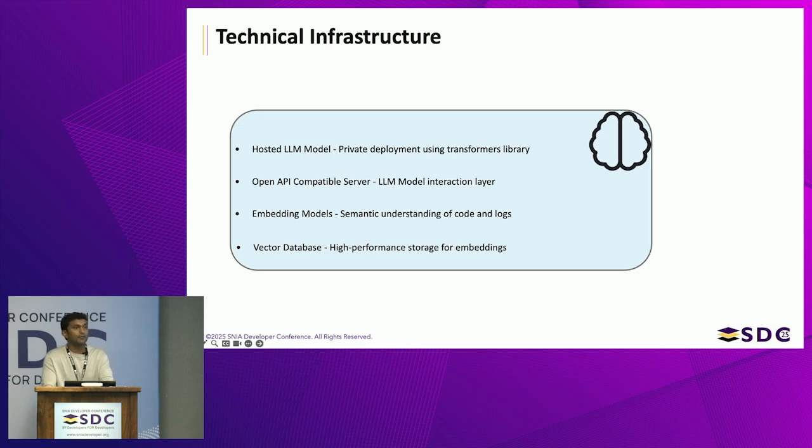That's where the vector database comes into the picture. With embedding, this also helps us to retrieve the most relevant code snippets, logs, and test cases, and it is optimized to handle the scale. And the scale that we are talking about is millions of records in case of a vector database.